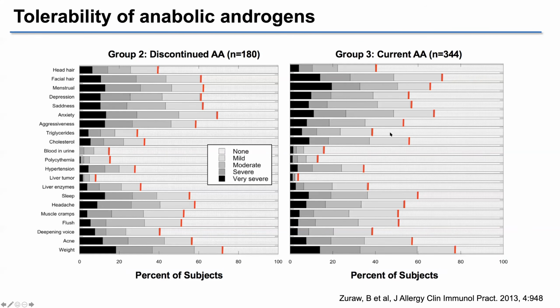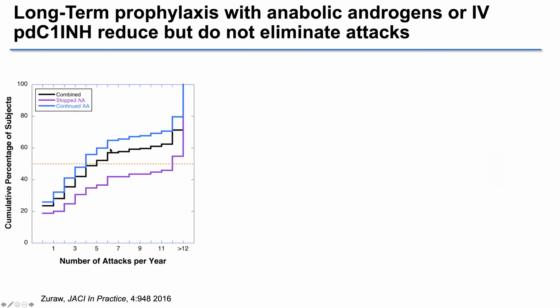Androgens cause lots of side effects, whether people discontinued the androgens because they didn't think they worked well enough or they continue on them. The side effects are the same. The difference is the efficacy, which is much worse in those who stopped androgens than those who stayed on them.